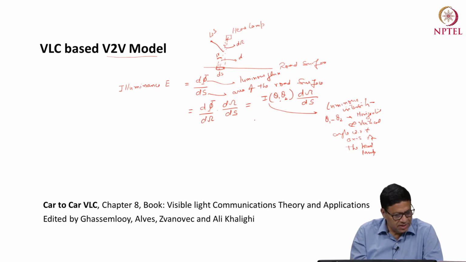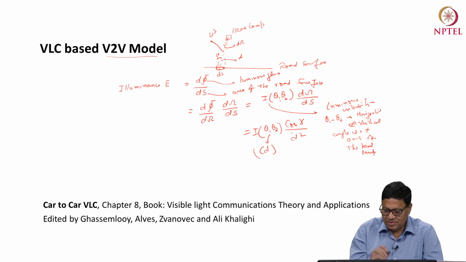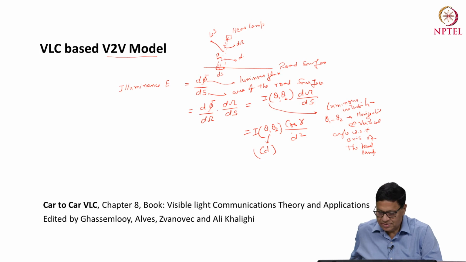So d omega by dS will become cos gamma over d square. So the luminous intensity units are in candela, CD, and the illuminance is I theta 1 theta 2 into cos gamma by d square. So this is the illuminance E happening in an area dS.